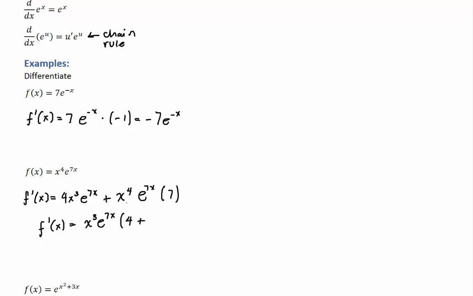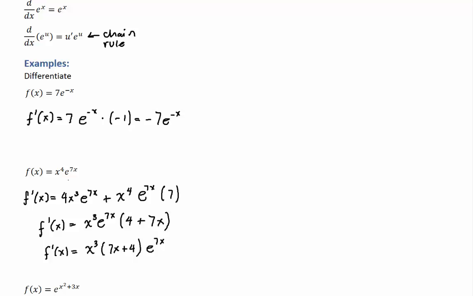And there's an x left there. And if you want, you could put all the x's and the exponential at the end. So you could write it as x cubed, 7x plus 4, e to 7x. And you obtain your derivative.